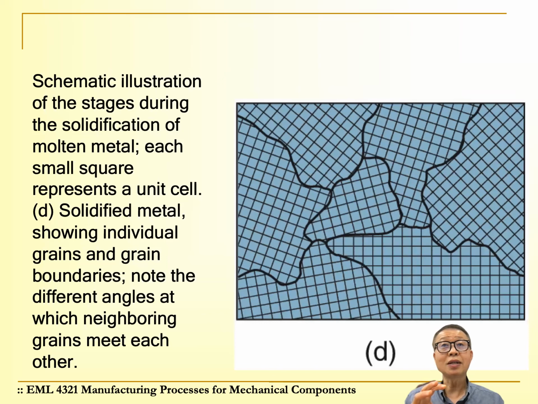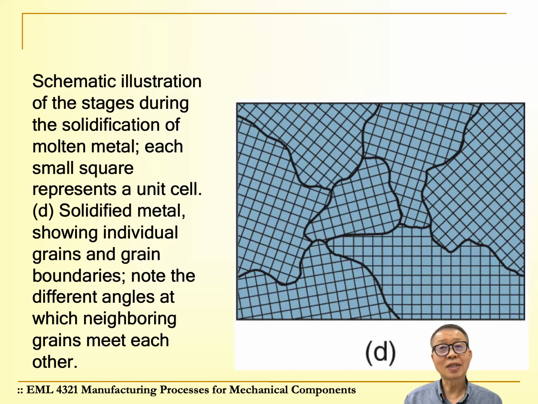So within a single grain, we see well-aligned atoms, but we have multiple grains. The configuration and orientation of atoms are different from one grain to another. And then obviously we'll be able to see a lot of grain boundaries when we have a lot of grains.